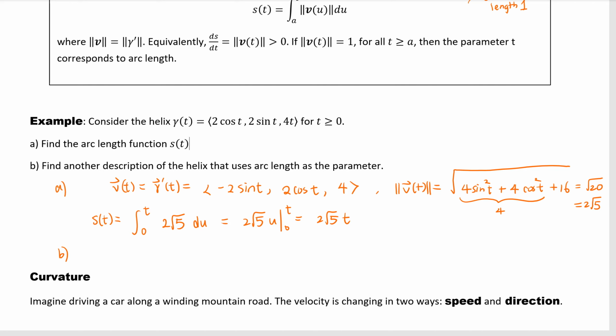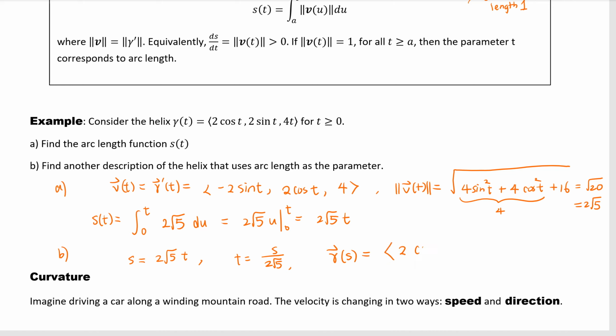B, find another description of the curve that uses arc length as the parameter. Well, we have the relation s equals 2 square root of 5 t. Then what is t? t is s over 2 square root of 5. Now we can plug in t equals s over 2 root 5.